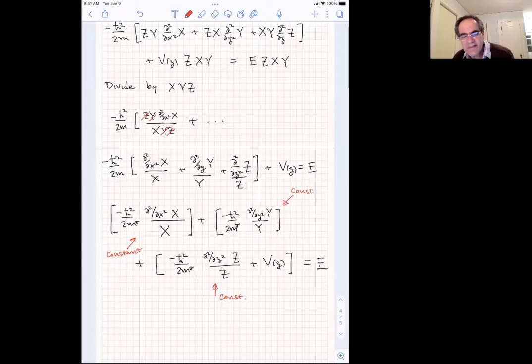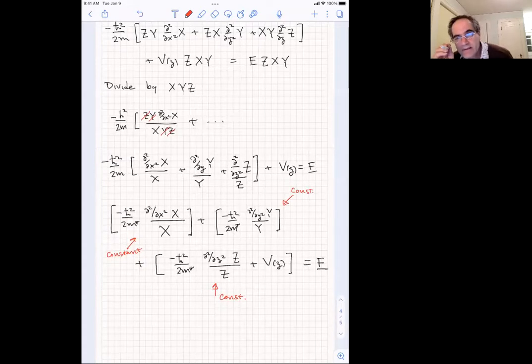And the reason is easy to see. Suppose that the first term's value did depend on x. Well, since the first, second, and third terms have to add up to a constant, and since the second and third terms don't depend on x, the first term wouldn't be able to depend on x either.